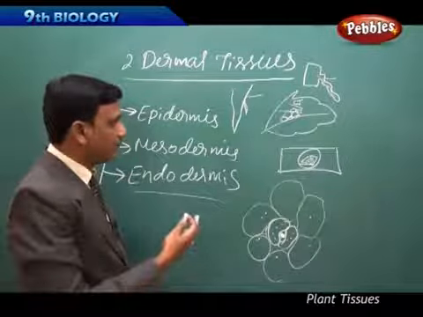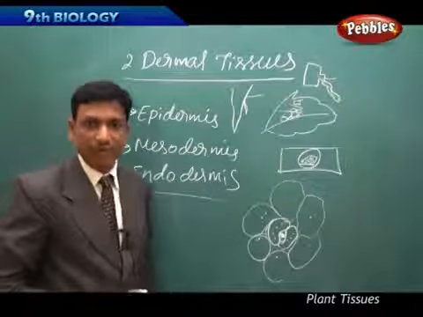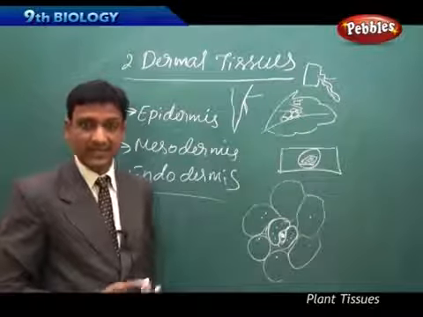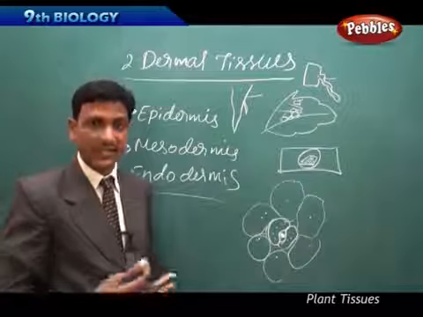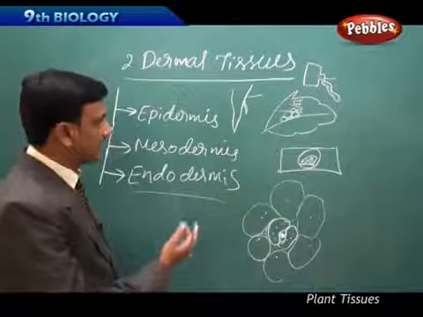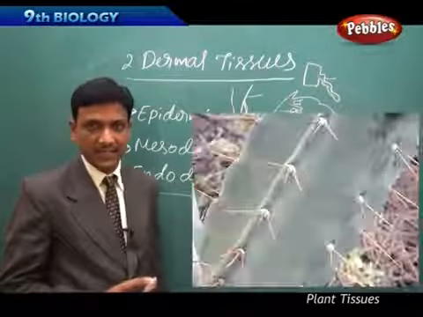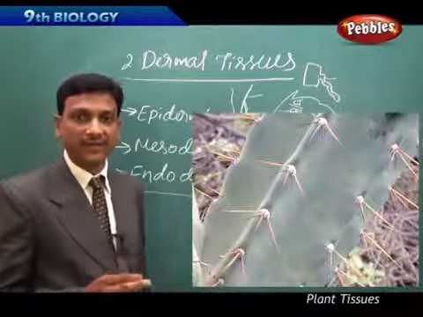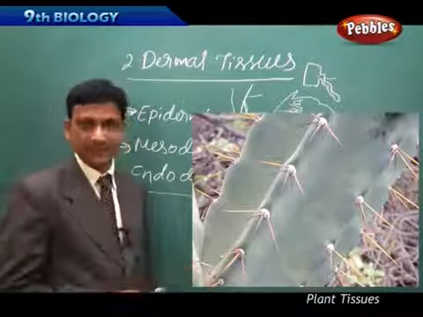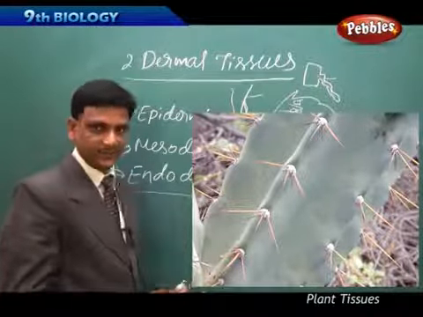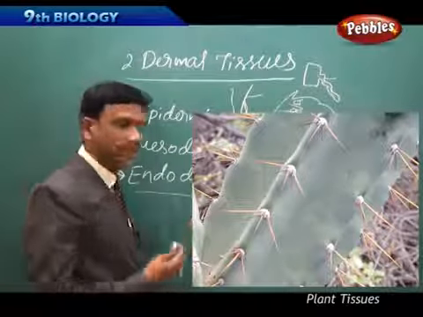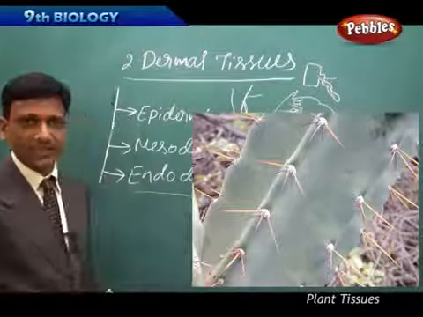When compared, if you see the surface of desert plant leaves, their leaves are very thick. If you see the surface of a cactus plant, the surface of the leaf has a waxy coating. It is very thick and has a waxy coating, that is to give protection to the plant.